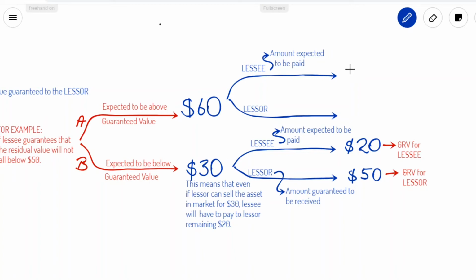However, in the case of lessee, because the lessee is not expected to pay any amount to the lessor because the value of the asset is already over and above the guaranteed amount, in that case, none of the amount would be included as part of the lease payments in respect of the residual value guarantee.